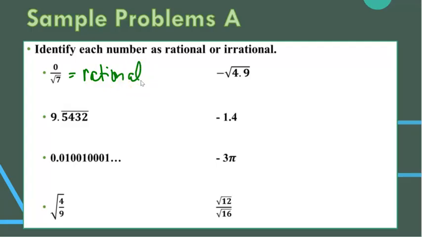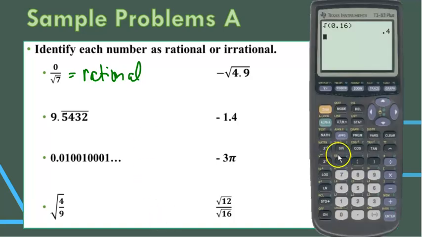And we have the negative square root of 4.9. That is a perfect square. Actually no, that would be irrational. Sorry, if it was 0.49, then it would be rational, but because it's 4.9, this would be irrational.